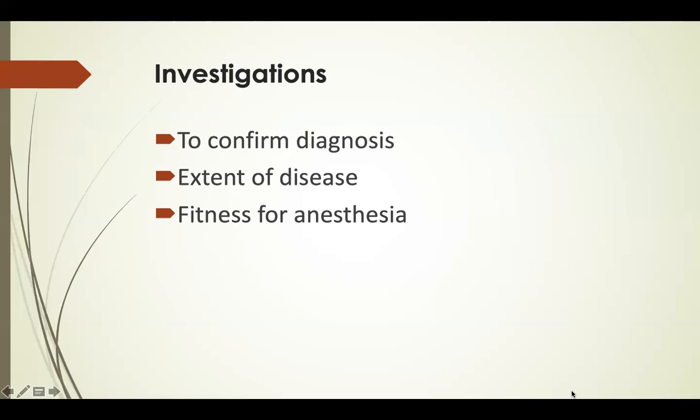Then the extent of disease, that is, how severe this disease is. For example, if we did an ultrasound and it shows gallstones, it means there is cholelithiasis. Now, what I mean by extent of disease in this case is how severe that disease is, and how you will know, because the gallbladder belongs to the biliary system, meaning the hepatobiliary system.